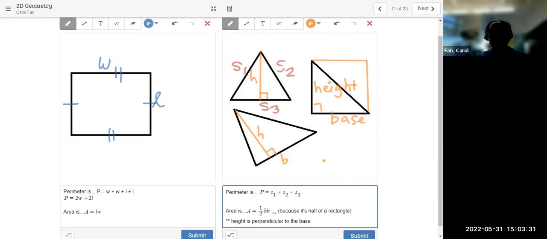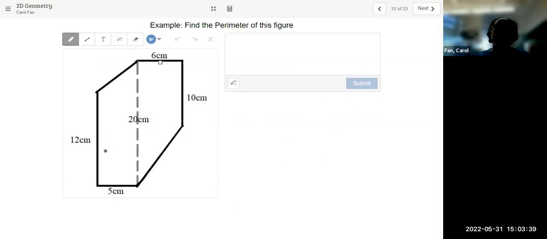Okay, let's take a look at slide number 12. We have a figure here. Find the perimeter of this figure. Okay, perimeter would mean I'm adding up all of the sides. There are 2 sides that I don't know.